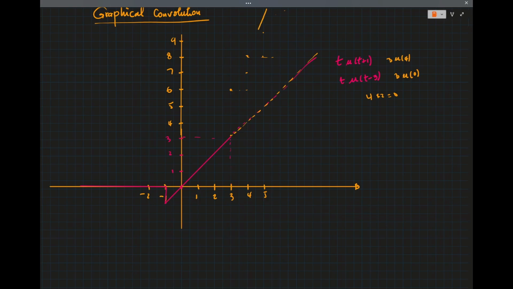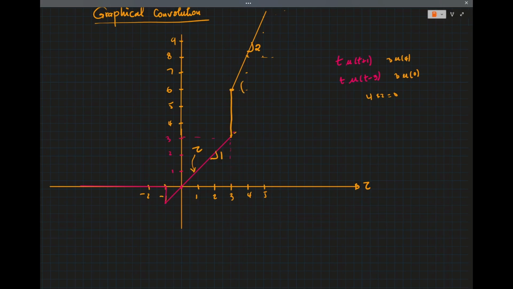The line should be something like that, and the function looks like this. The slope here will be 2. The slope here is 1. Let's find the equation, and let's call the variable tau.